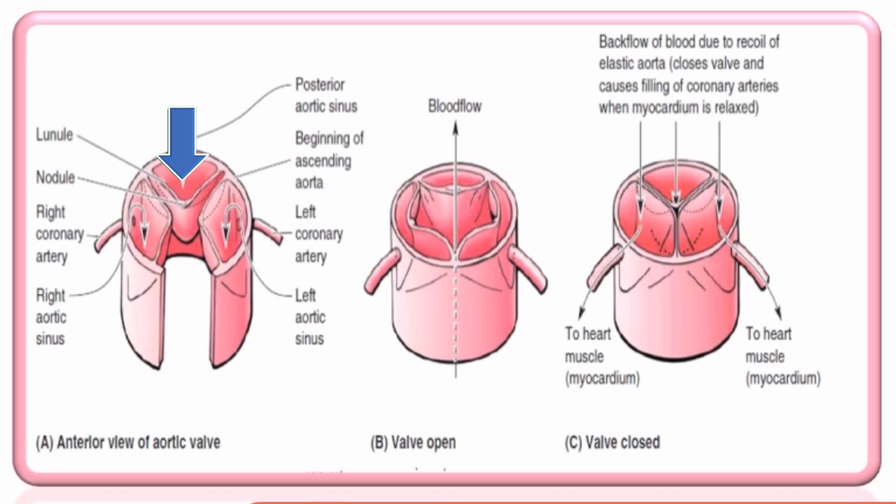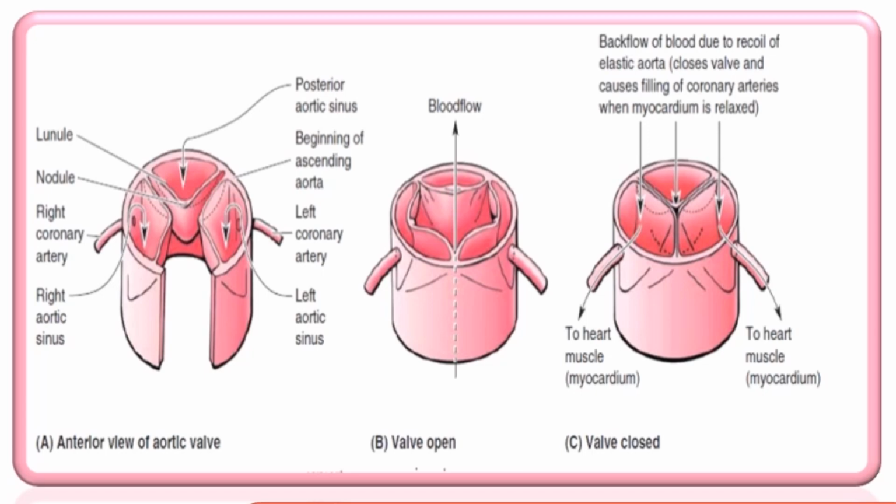If we recall, we also noted pulmonary sinuses when we talked about the pulmonary valves, the right, the left, and anterior. Now, in the aortic valves, what we're having are the right, the left, and the posterior. More understanding of the relationship between the pulmonary valve and aortic valve will be gotten in their embryology.